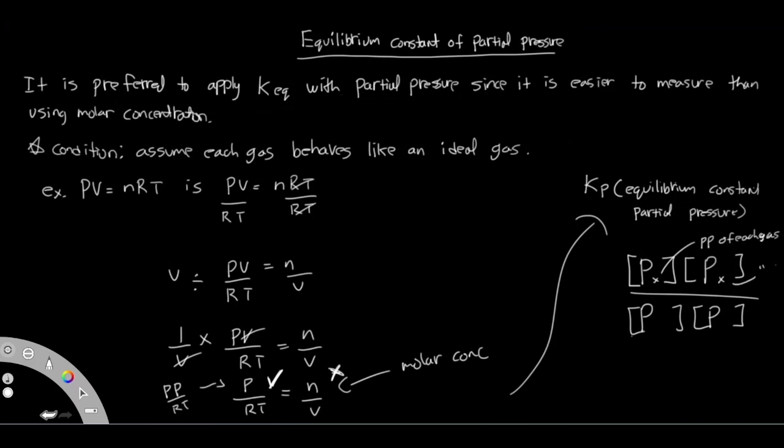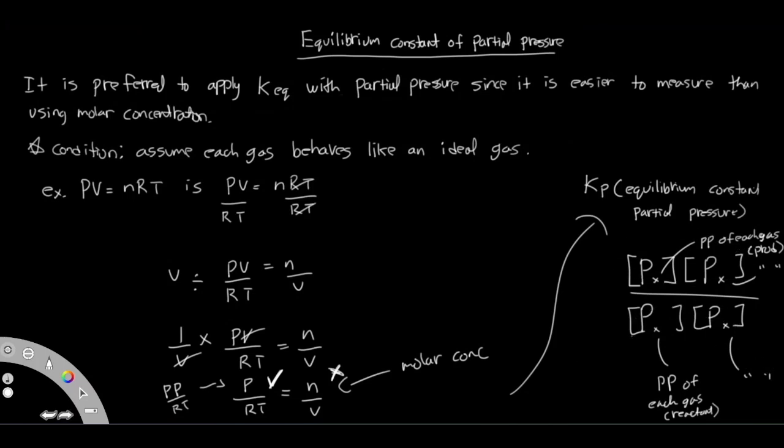This is the same thing here too, the partial pressure of each gas. And again, it doesn't really matter, we just use the same variables here, x and then x. This one would be the partial pressures of each gas as well, but obviously this has to be dealing with the reactant, so maybe I'll put this here in brackets, reactant, and this one would be product. This here is the partial pressure of each gas of the reactant. So products on the top, reactants on the bottom.